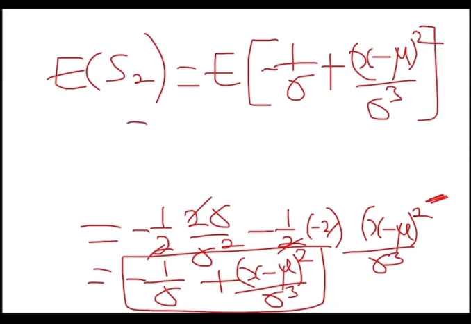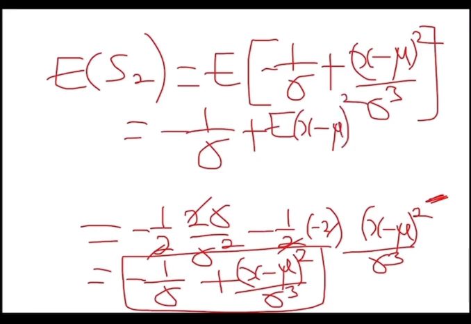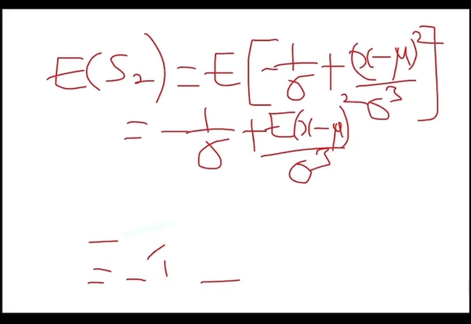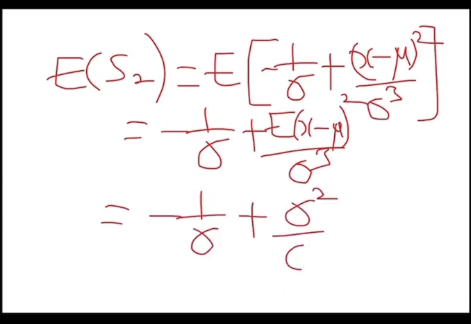So this is going to be negative 1 over sigma plus the expectation of x minus mu all squared over sigma cubed. The expectation of x minus mu squared is sigma squared. So right now I have negative 1 over sigma plus sigma squared over sigma cubed, which is negative 1 over sigma plus 1 over sigma, and that is going to be 0.